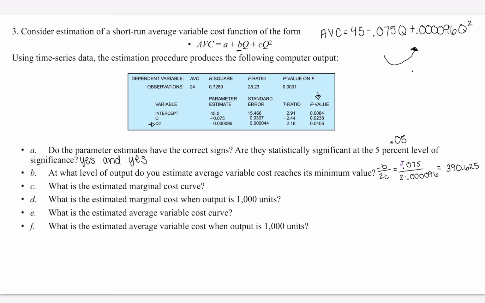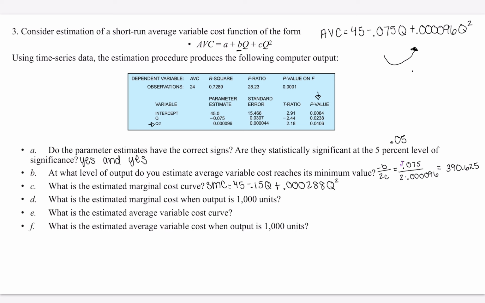What is the estimated marginal cost curve? So we're using our formula and we're just substituting in. So that means we're going to have 45 minus 0.15Q plus 0.000288Q squared.